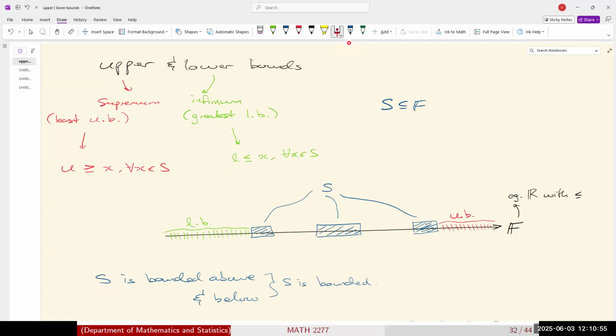In such a way that if you were to make an upper bound smaller than this guy, you will fall inside of the set. Right? So in that case, we're looking for a very special element over here, well, for this picture, and that element will be the least of these upper bounds, and we call this element the supremum of S.